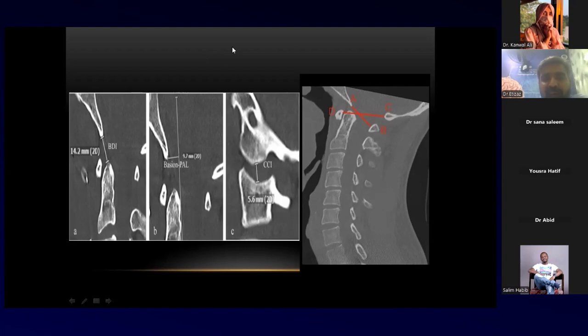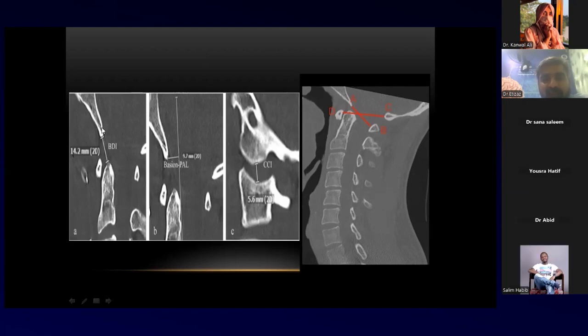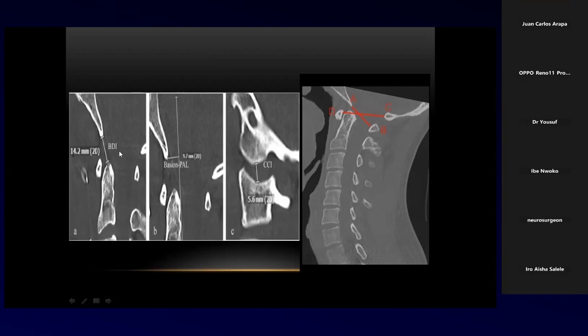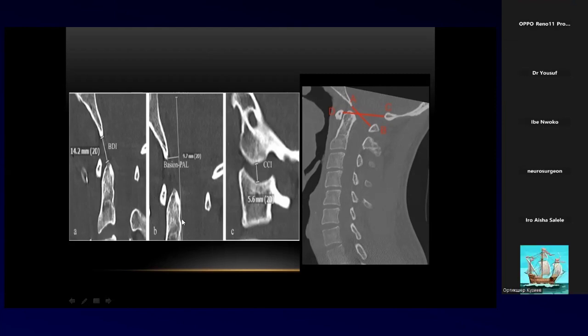Vertical, mostly. When the BDI is increasing, it means there is a longitudinal, vertical displacement. When the BDI is increased, this distance from the basion to the dental interval is increased. It means mostly there is a longitudinal vertical displacement.